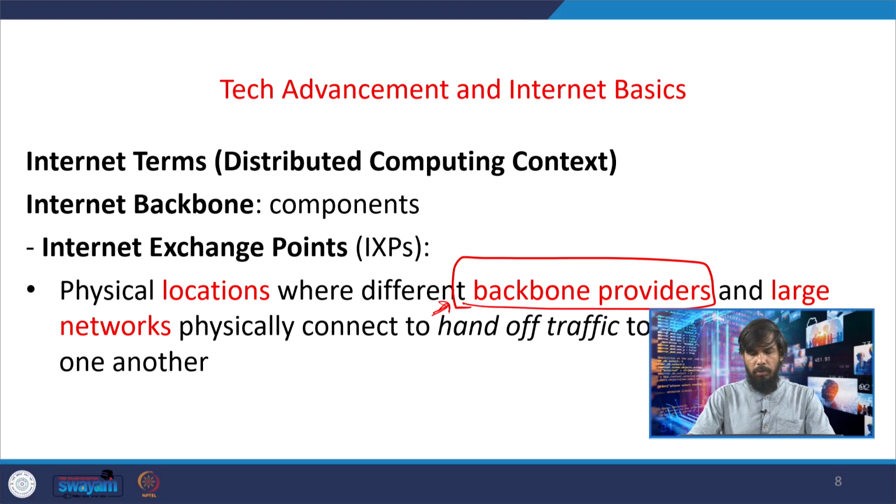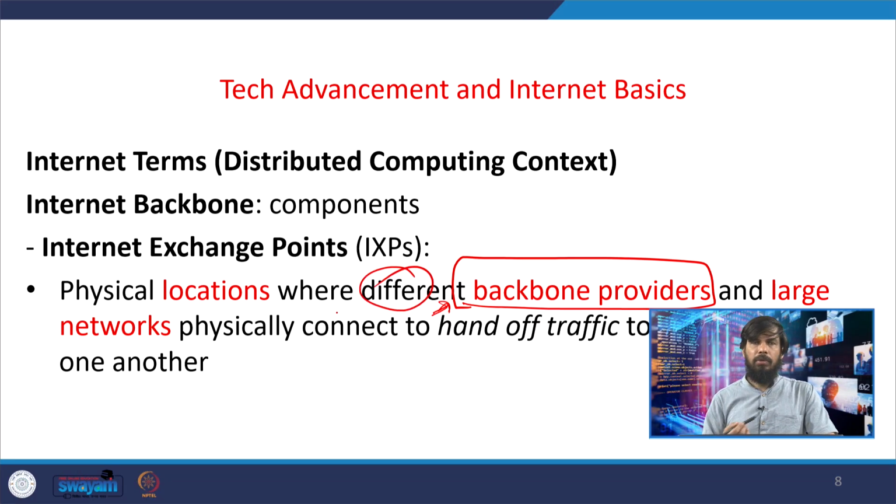Those telecom firms provide the different segments of the internet backbone, so essentially they are backbone providers. Internet exchange points provide a physical location for these different backbone providers.